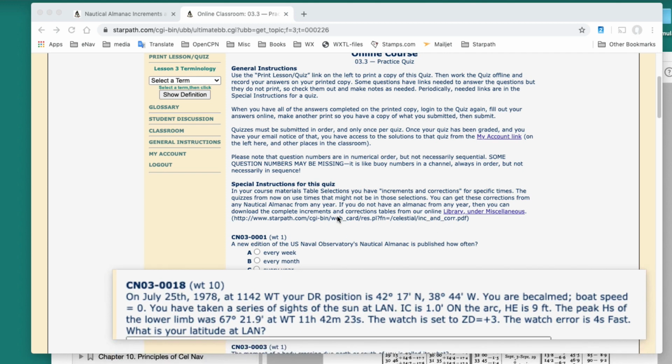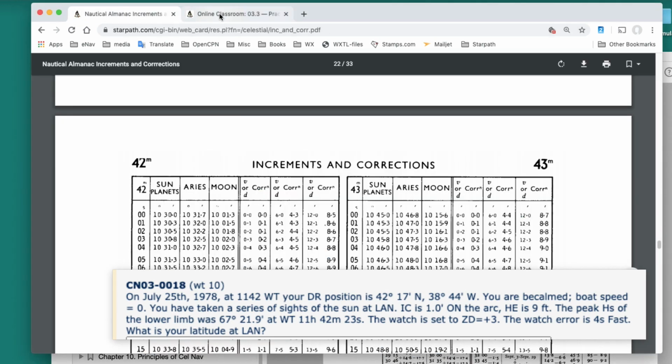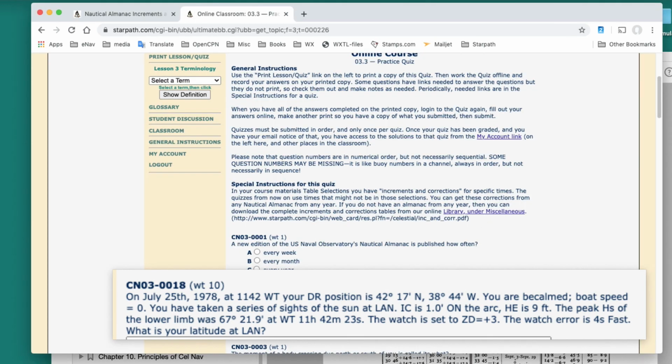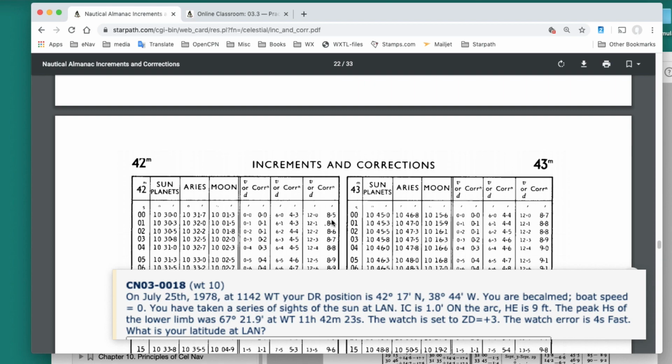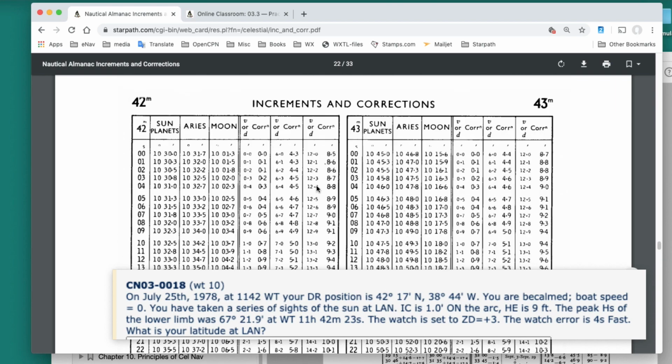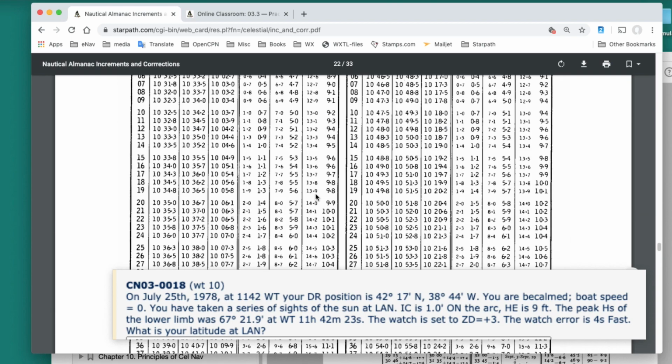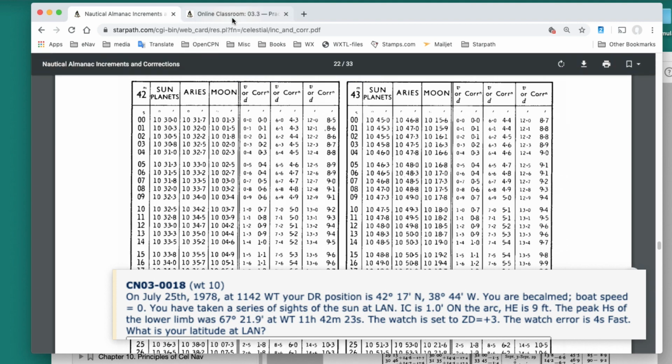That's a set of tables that we need, because in our textbook, where all the other data is located, we only have a handful of these special increments tables, and there's one you need that's not there. So you just go to the link provided here and you'll see a set of these, and we're going to want 42 minutes. Our own table has about 8 pages, but not this one.